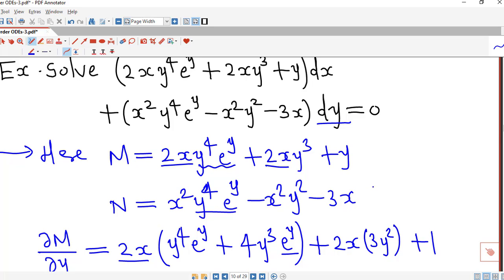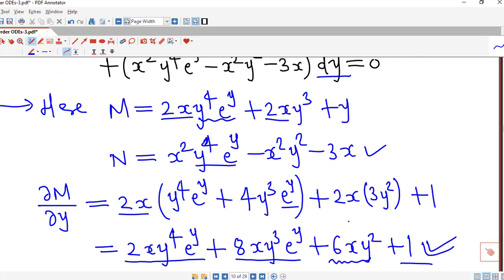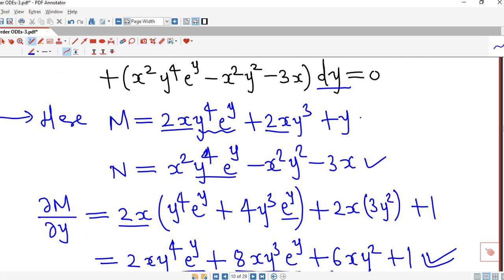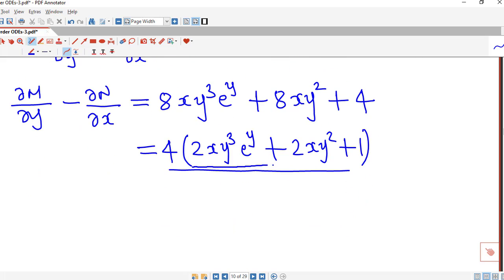If we divide by capital N, these terms will not cancel out. But in capital M, first we can take y common because y is present in each term, and if we take y common we will have 2x y cube e raised to y plus 2x y square plus 1. So that quantity is present here in the bracket, and it will cancel out and we will have a function of y only.